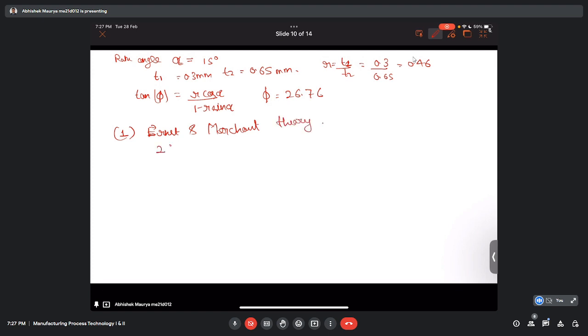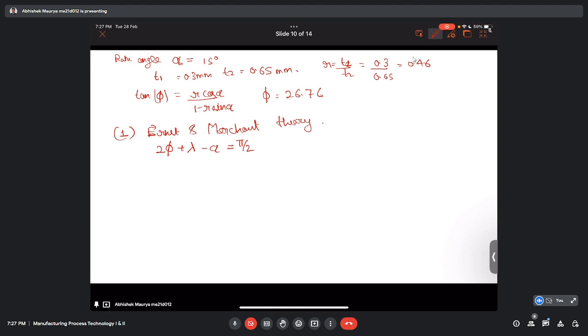So we have 2 phi plus lambda minus alpha equals pi by 2. For the minimum power consumption, this relation holds true. In this relationship, what do we have and what is unknown?